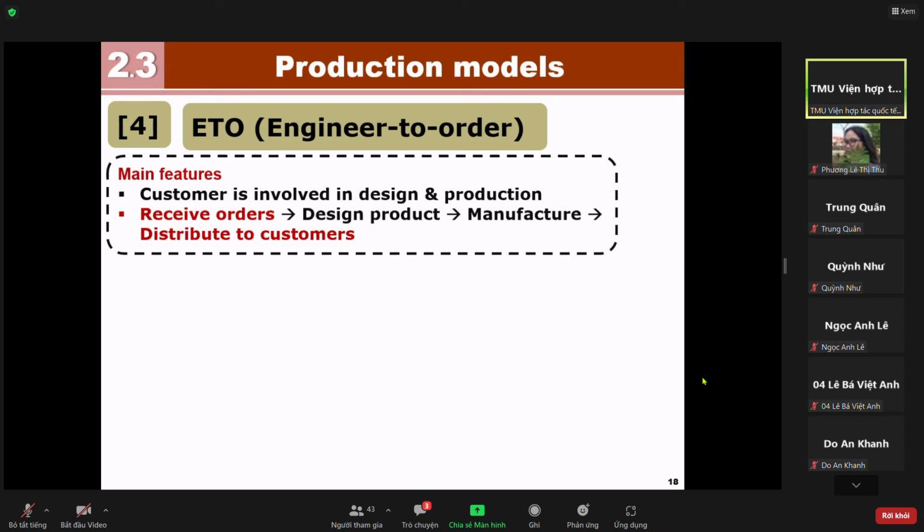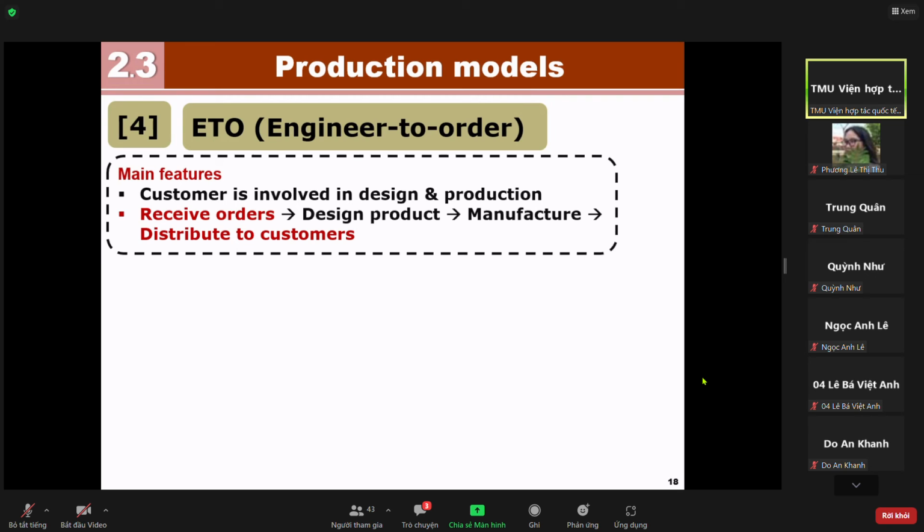Because the order penetration, the order now, can penetrate up to the level of design or production. For MTO, the company still designs, but sets the template for the products. However, for ETO, the customer is even involved and participates in the design phase as well. So everything starts from orders.